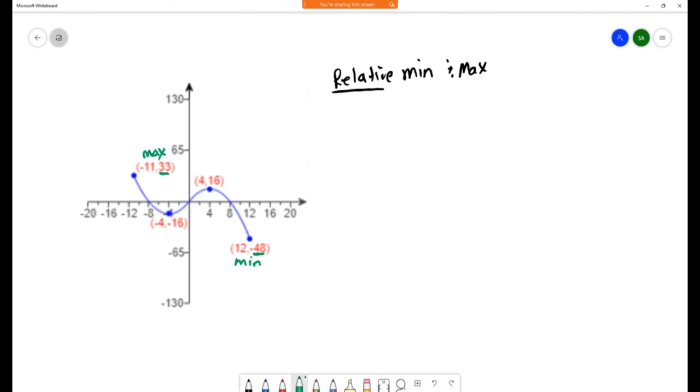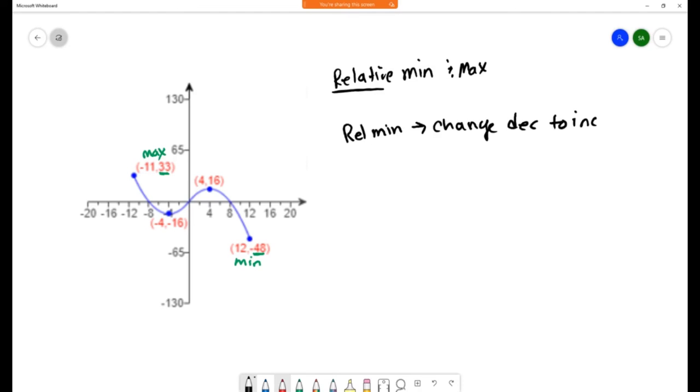Actually, the definition that your book gives is a little bit different. It involves a change in increasing and decreasing. The way that your book defines the relative min is that you should see a change from decreasing to increasing in the graph.